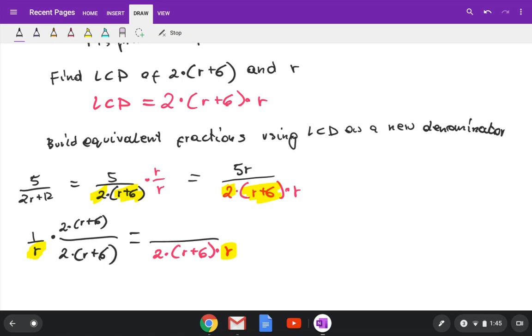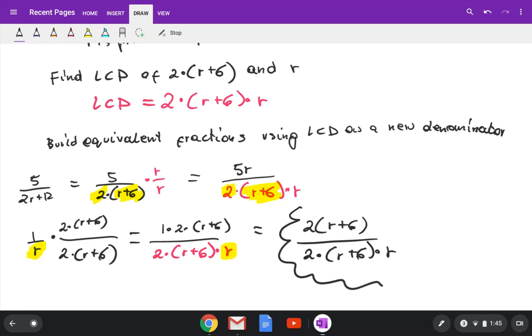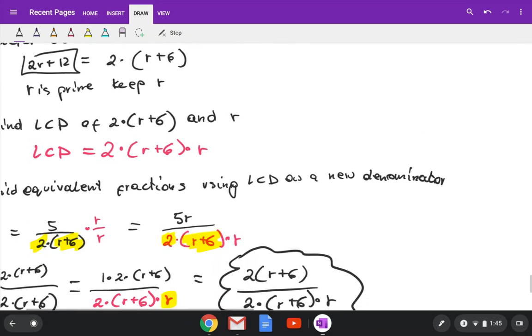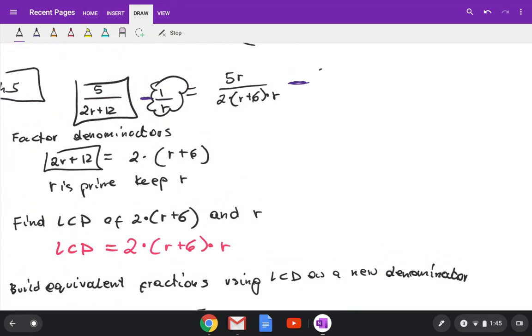So we have our denominator, which is already ready. Here we multiply. So we're getting 1 times 2 times r plus 6, which is the same as 2 times r plus 6 over 2 times r plus 6 times r. So that's equivalent to 1 over r. So I'm going to replace 1 over r with 2 times r plus 6 over 2 times r plus 6 times r.